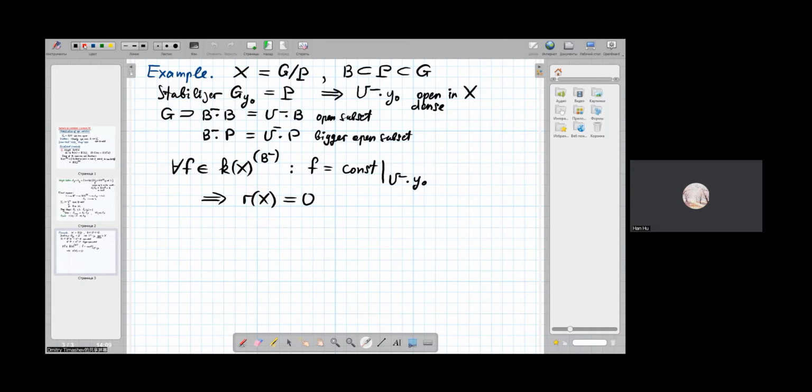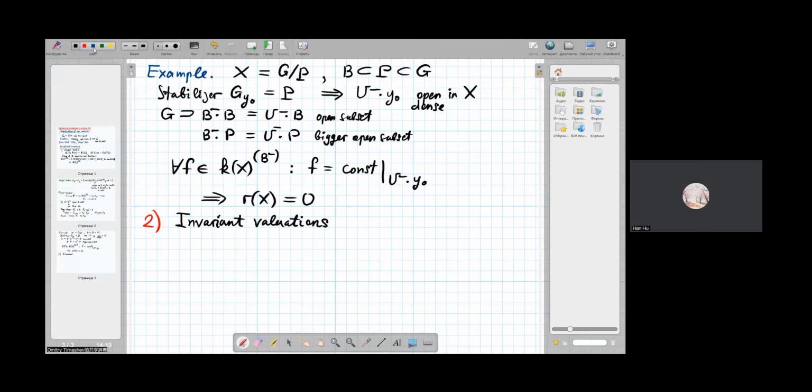So now let me discuss the second birational invariant which appears in the classification. It is more complicated and more interesting. We may call it invariant valuations. So first, what is a valuation?